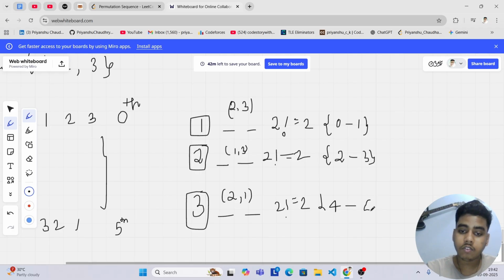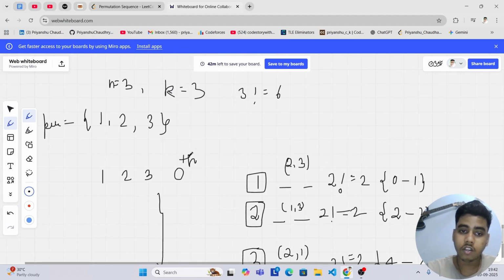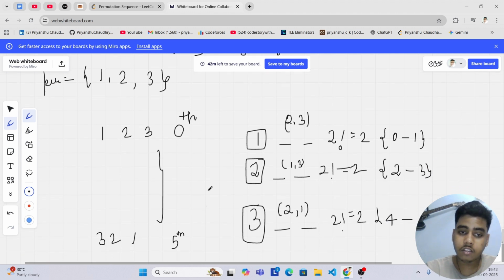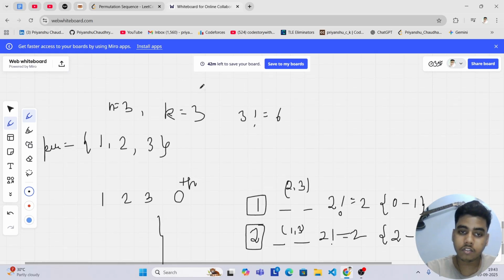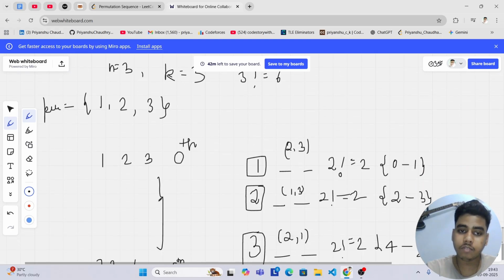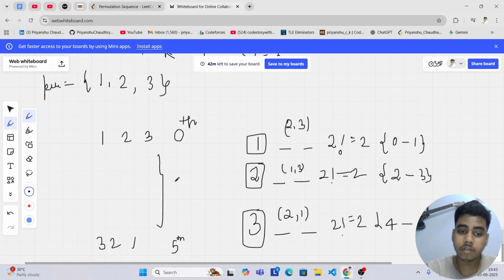Alright, so what I want is the 3rd permutation. If these are arranged in a vector in sorted order, which permutation do we want? Here we want the kth permutation, but in 0-based indexing we want the 2nd index element.